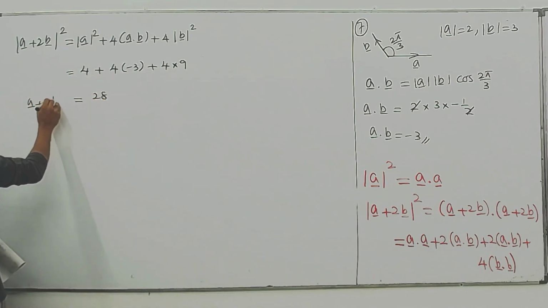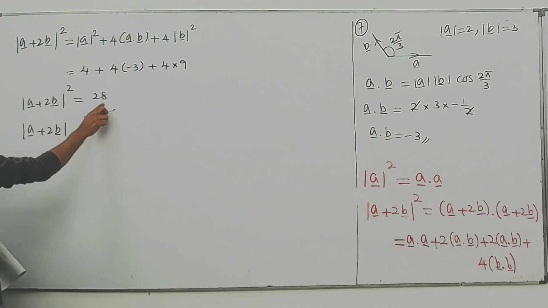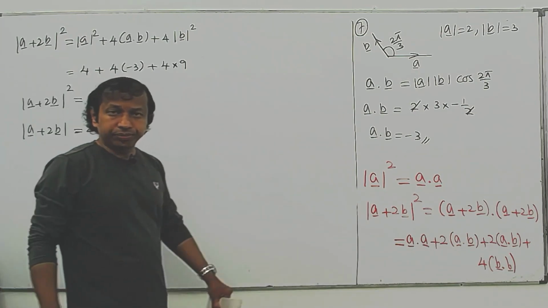It is the mod of A plus 2B perfect square. And what is mod of A plus 2B? Square root of this. 28 we write as 4 into 7. Then we get 2 root 7.